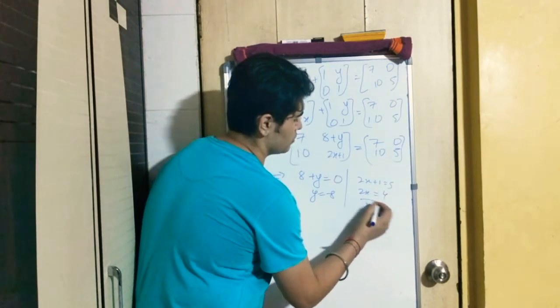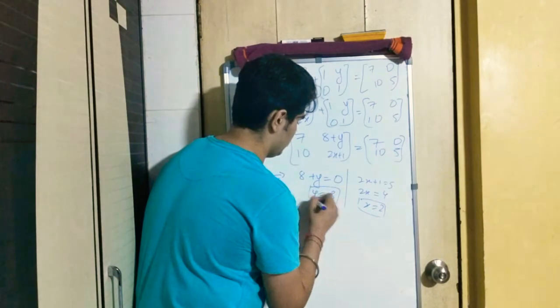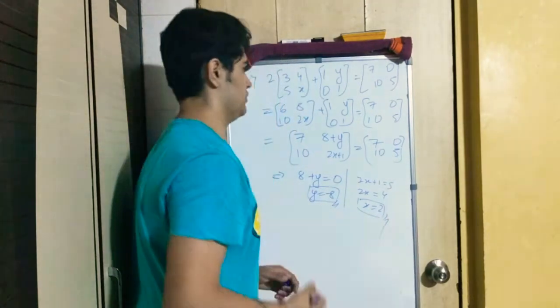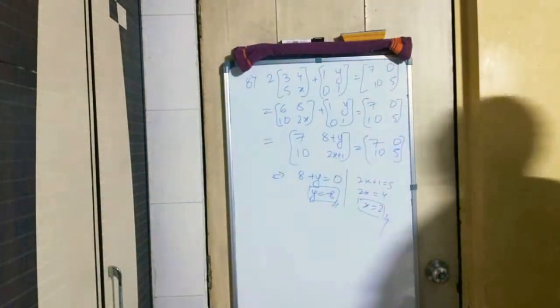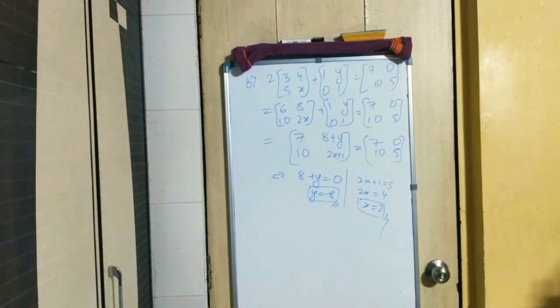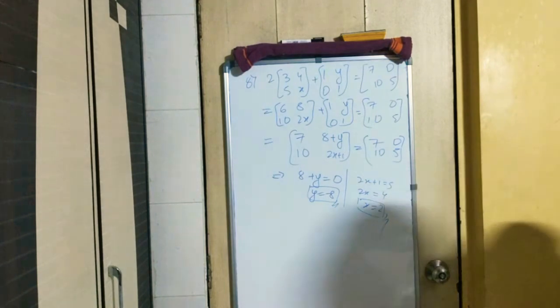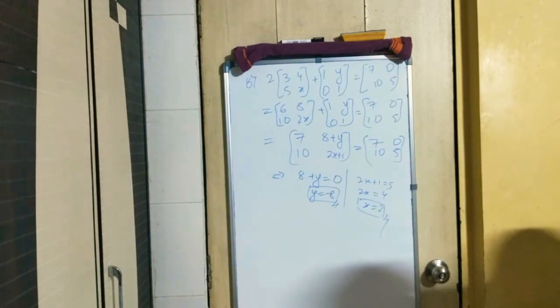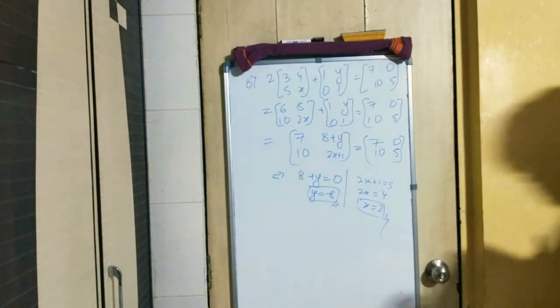X is equal to 2. So we get both the values of X and Y. You can copy it down. If you are wondering whether these sums come for 3 marks, then yes, these sums come for 3 marks. It's not that tough. You have to just practice every day.